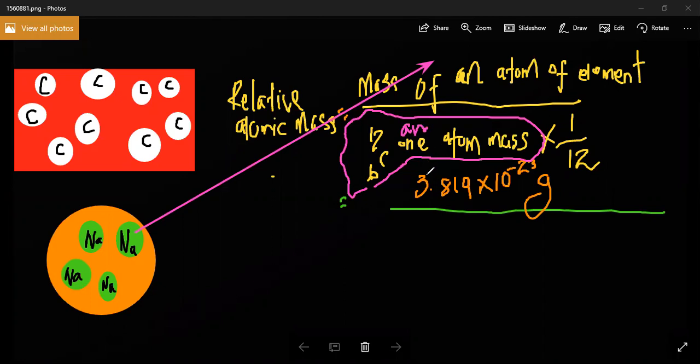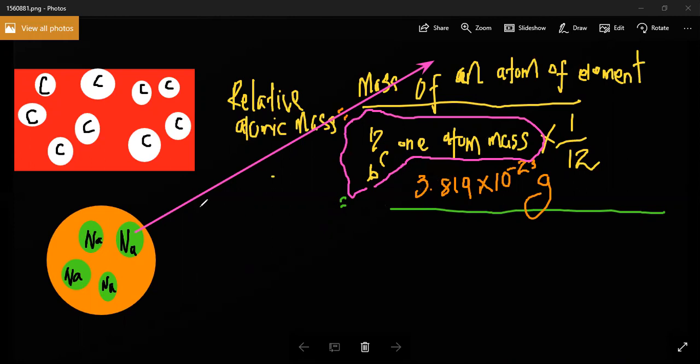It should be a vowel sound, 'an atom', but people forget the N. So to avoid error, I just put 1. Writing 1 is better than N, so you can understand more clearly. If I put N, you will sometimes get confused. So I just put 1: carbon-12, 1 atom mass.